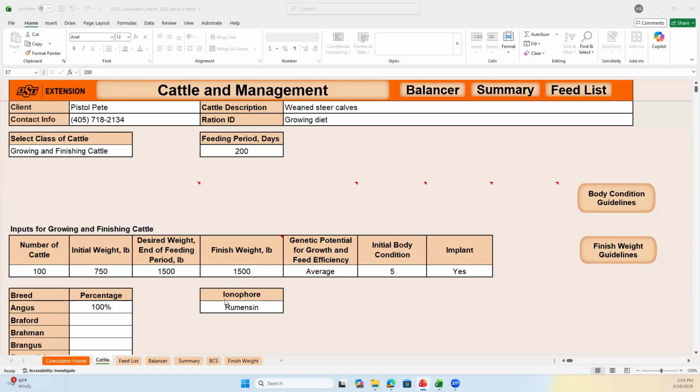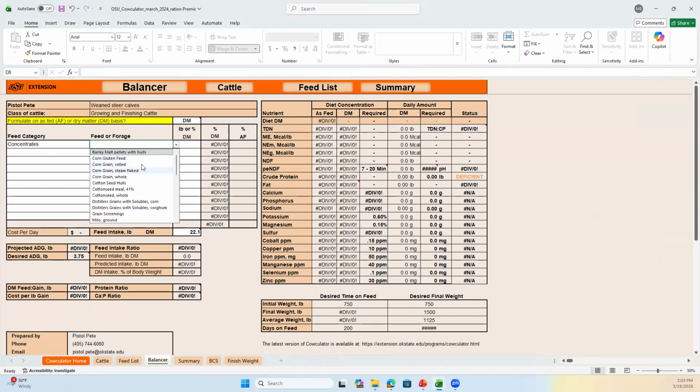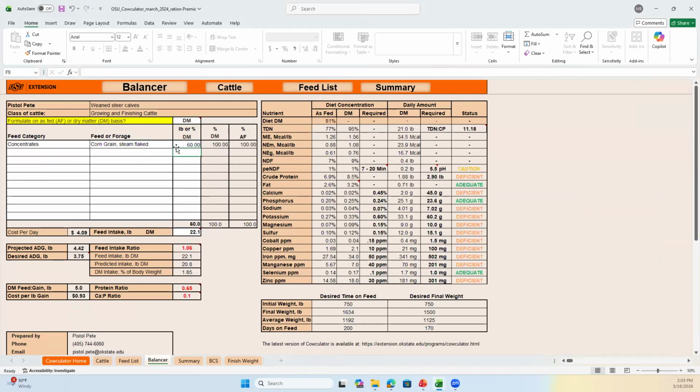Okay. So, got all my animal information in here. Let's go to the balancer. I start out with our highest inclusion first. Concentrate, steam flaked corn. I'm just going to start out at 60%. Okay. So now, before I wanted this cell to equal this cell to equal this cell. Now I want this cell to add up to 100.